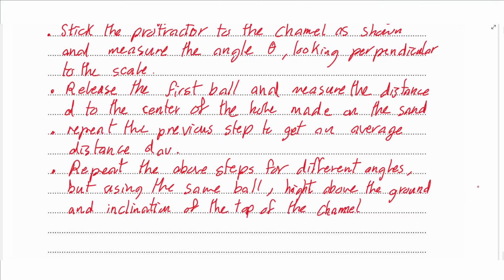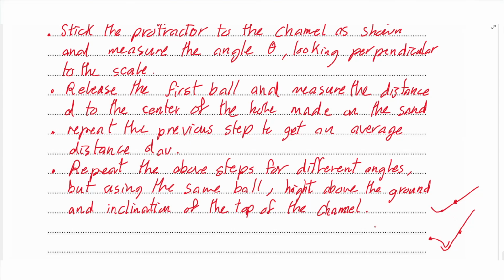For example, if you make the inclination like this and then you use a greater inclination, this will cause the ball to go faster, and if the angle is different, it can go a different distance just depending on the angle of the channel, not the end of the channel.